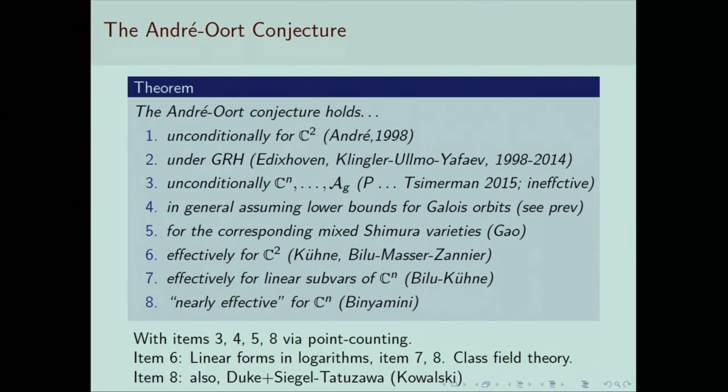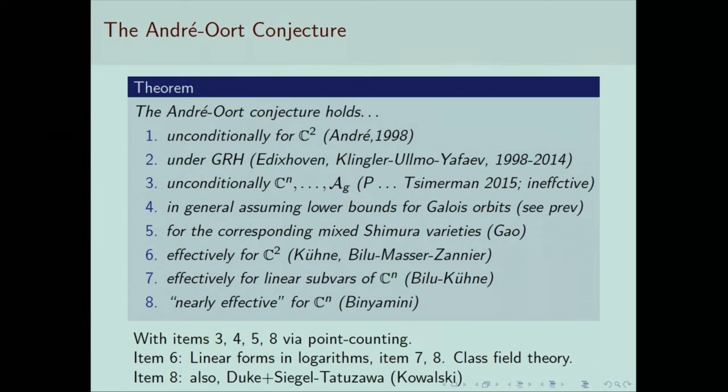So I think I have here the André-Oort conjecture. You have André's unconditional result, the full result under GRH, the counting results, and the general result that's only missing the Galois orbits. Xiao and Gao showed that you could do the mixed cases wherever you could do the pure cases.